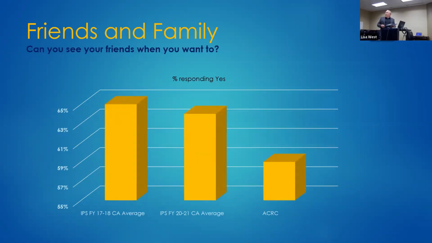By comparison, can you see your friends when you want to? During this survey period, unfortunately, our clients responded yes, only 59% of the time, whereas the statewide average was 64%. We would want our clients to be able to see their friends as often as they like.